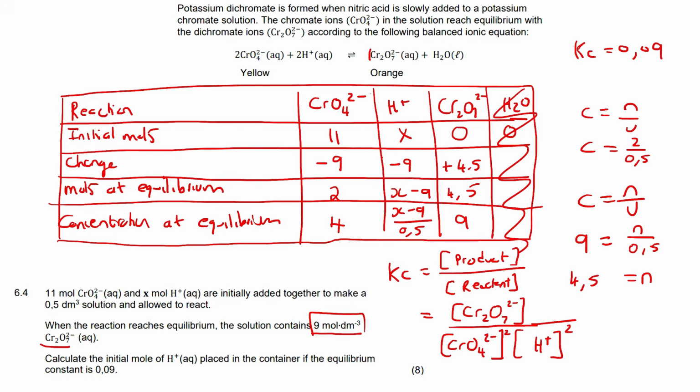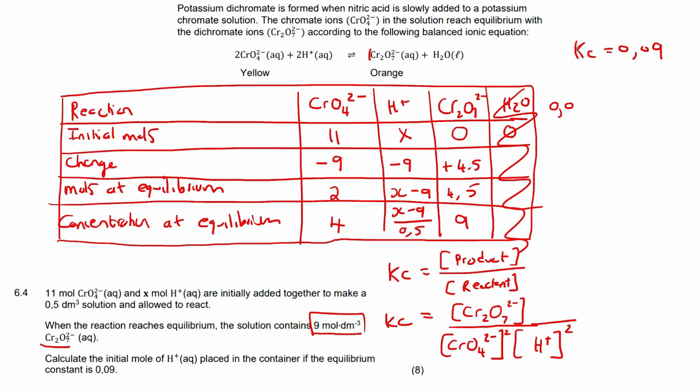Okay, and we know that the Kc value is supposed to be 0.09, or let's just say Kc for now. And so we end up getting 0.09 equals, now the concentration of Cr2O7 is 9, and the concentration of that one is 4 to the power of 2, and then x minus 9 over 0.5 to the power of 2.